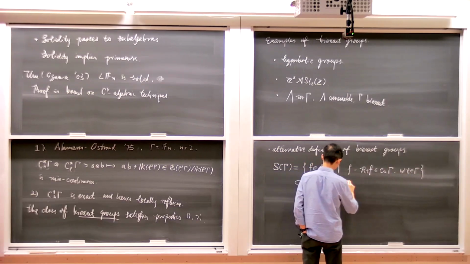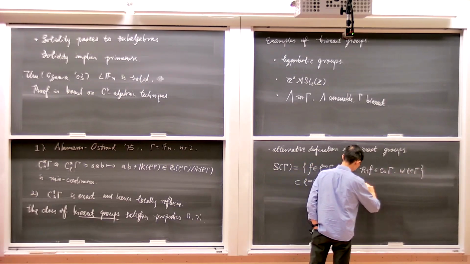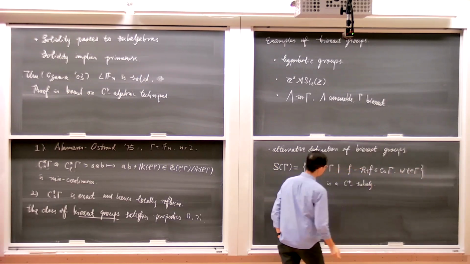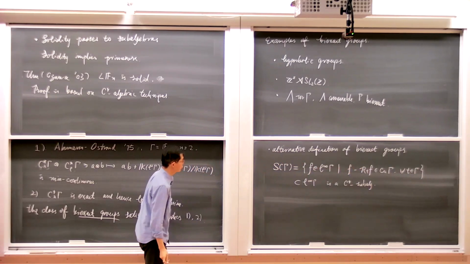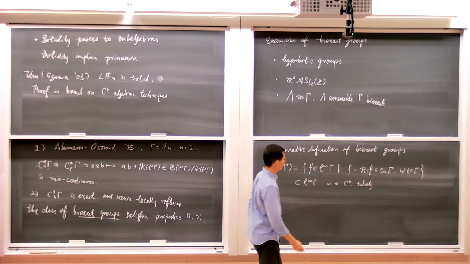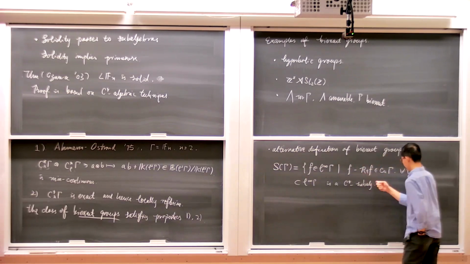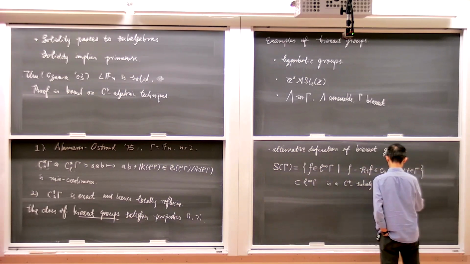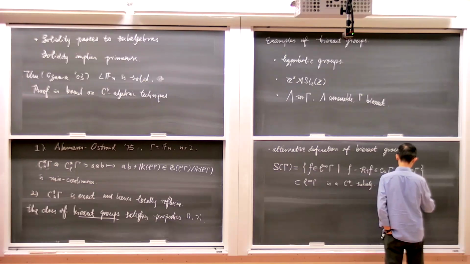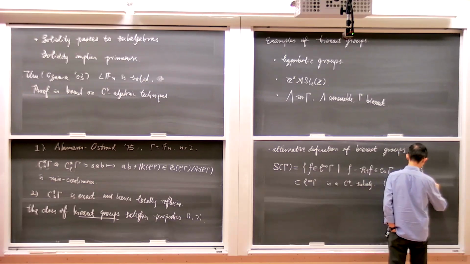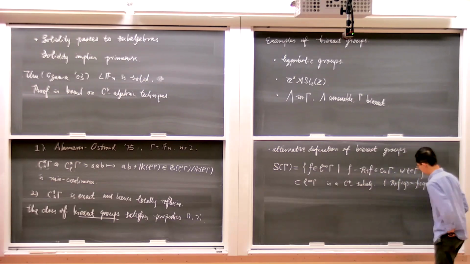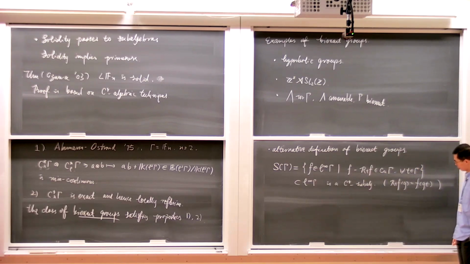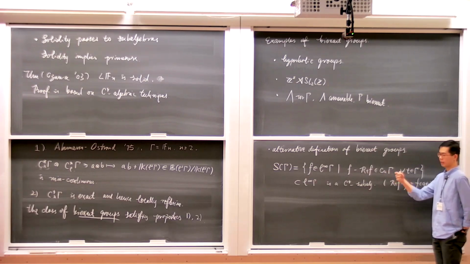This is a C-star subalgebra. So what we're looking at is the collection of functions under the right translation. Here RT just means that RT of f at g is just f at gt. So this is the right translation action. So we're looking at the functions that are almost invariant under the right translation. By almost, I mean modulo the functions that vanish at infinity.